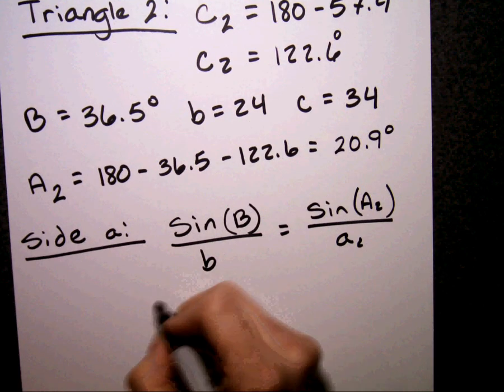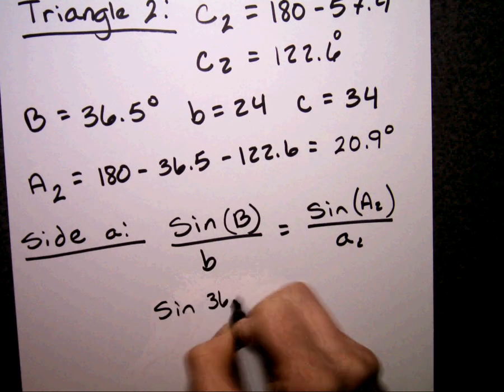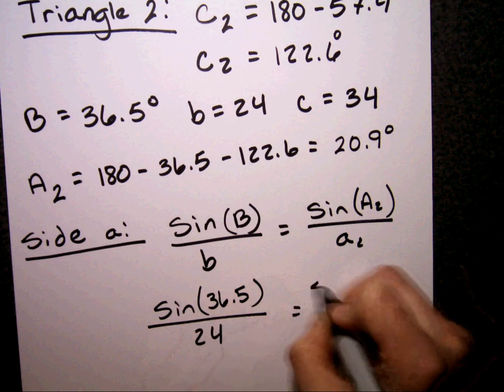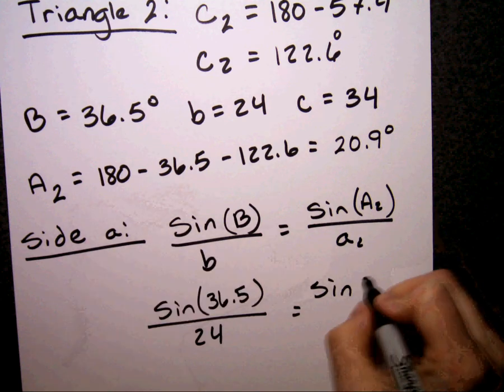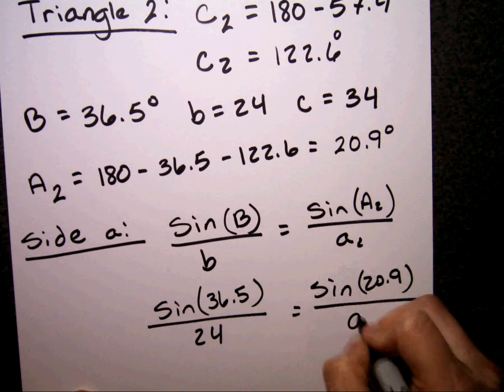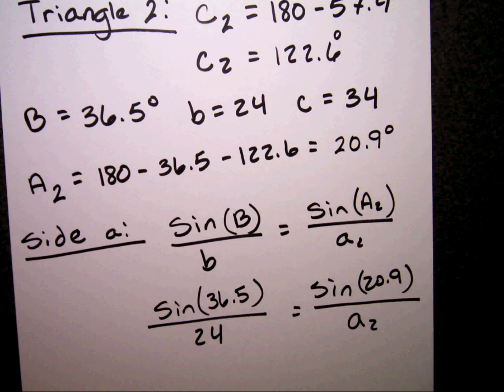So plugging in all of my values, I get sine of 36.5 divided by 24 equals sine of our new angle A, which is 20.9, divided by A sub 2, which is what we need to find.